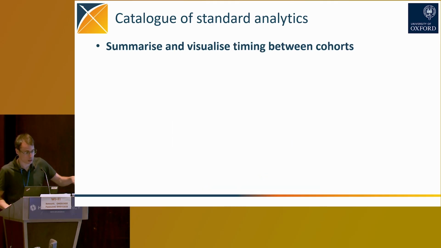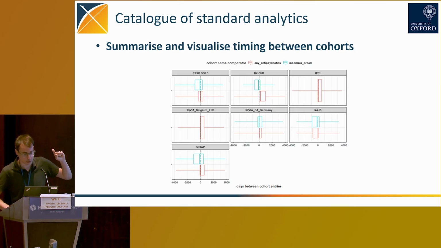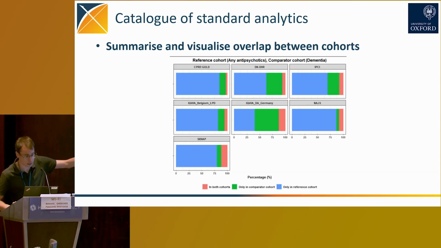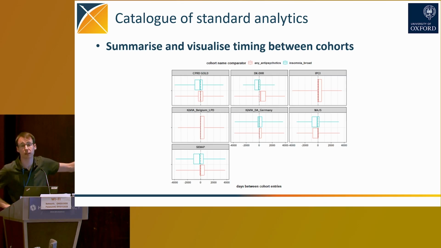Finally, I'm going to more interesting stuff. In the same study, we visualized the time in between cohorts, and we did the same with dementia and insomnia. But to see individuals who have both the record of antipsychotics and insomnia, in this plot, taking only the green patients that are the ones in both cohorts, we analyze the timing, or which event is coming first.